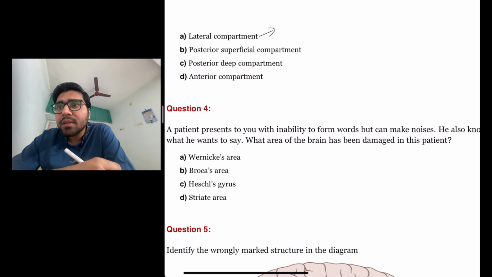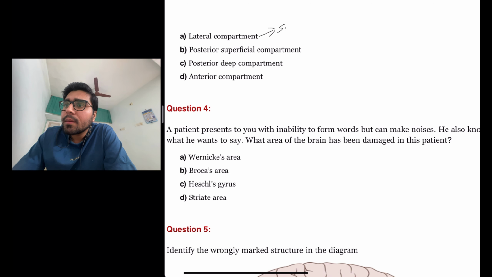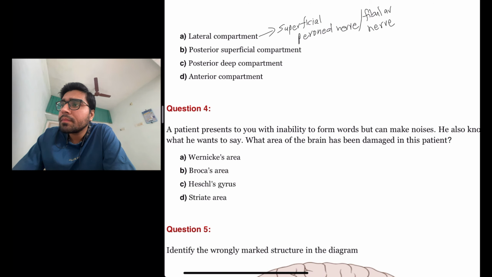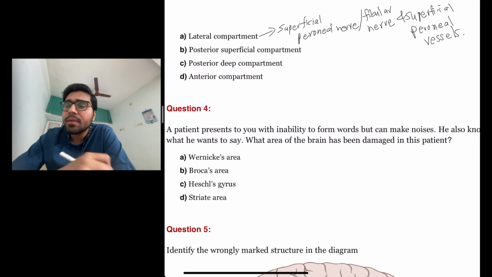Lateral compartment has the superficial peroneal nerve, which sometimes you can refer to as the fibular nerve, and superficial peroneal vessels.